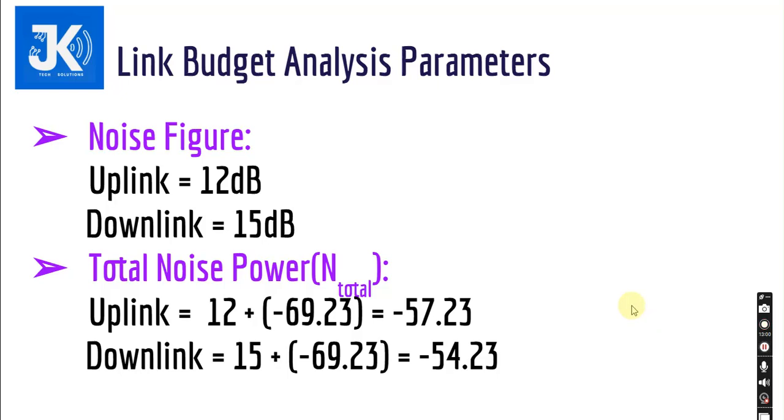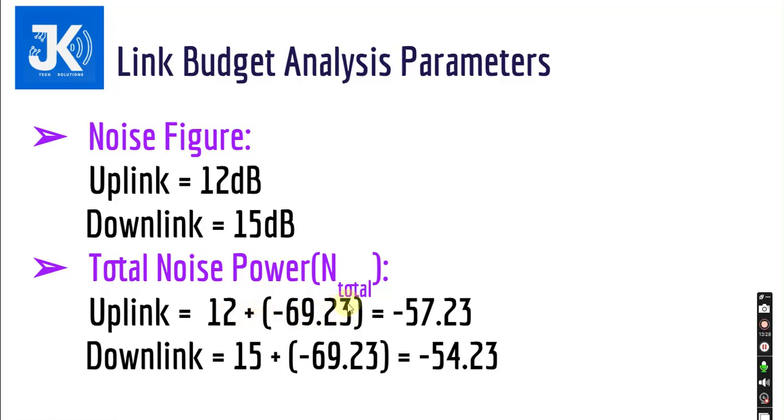Here we are calculating the noise figure. First we calculated the noise power, and now we are going to calculate the noise figure. The noise figure for uplink is 12 dB, which we have considered for the receiving antenna, and for downlink it is equal to 15 dB. From this we are calculating the total noise power. The total noise power for uplink is 12 plus the noise power we found in the previous case, which is minus 69.23.